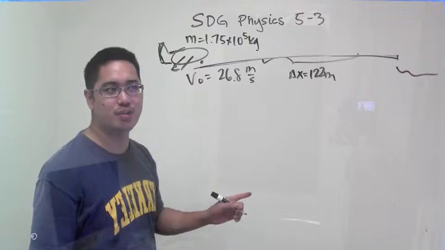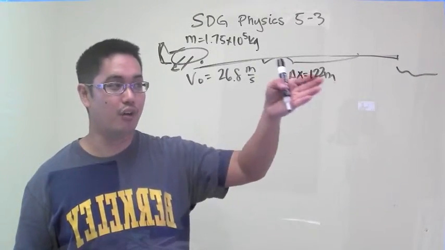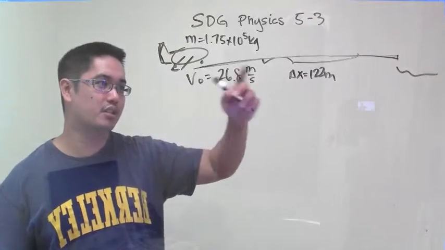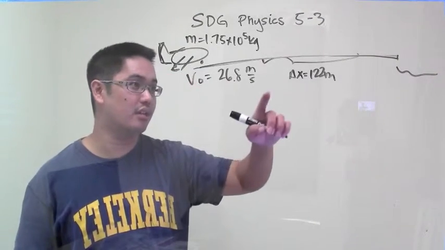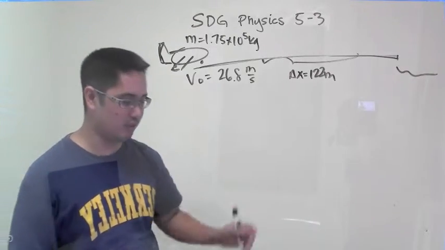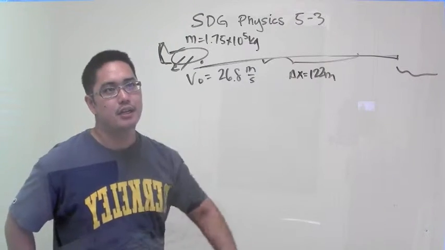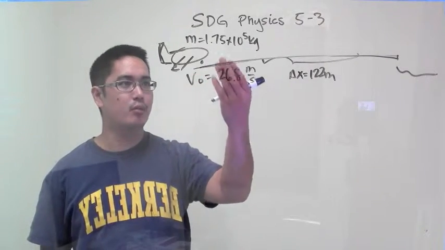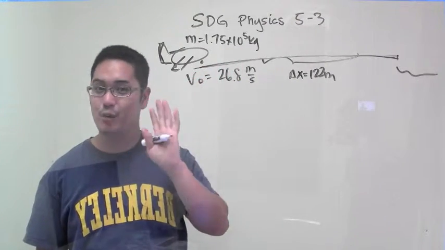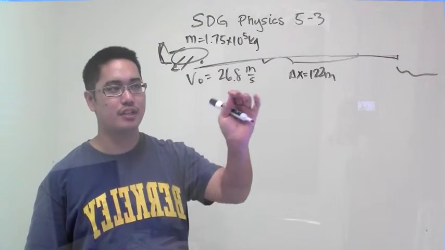So you don't want your plane to go too far into the ocean. So what you're basically going to do is put a bunch of this foamcrete stuff, and that's going to slow this airplane down. Now, our Boeing 747 apparently has a mass of 1.75 times 10 to the 5th kilograms.